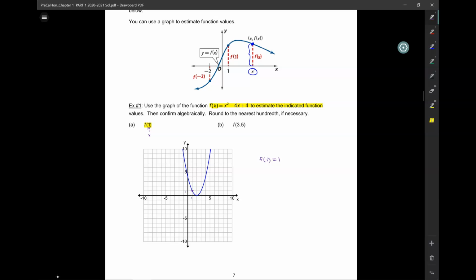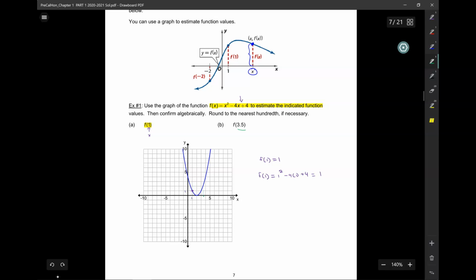That's graphically. Now, if I wanted to do it algebraically, I would say f of 1 is equal to, and I would plug that value 1 into the function. So I would say 1 squared minus 4 times 1 plus 4, and that is 1. Next, if I wanted to find f of 3.5, 1, 2, 3.5 is here.